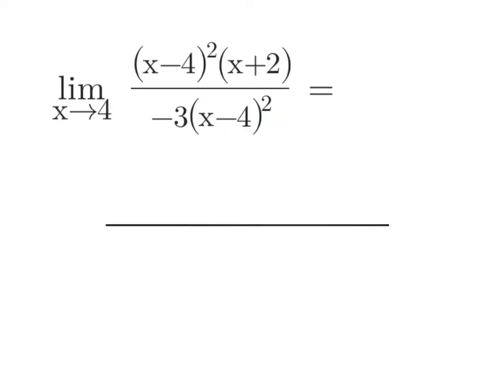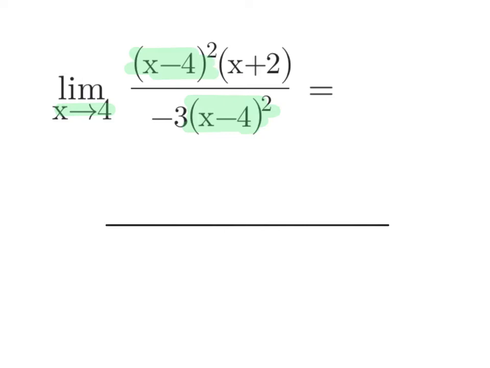One more little warning here. Let's take a look at the limit as x approaches 4 of (x minus 4) squared times (x plus 2) over negative 3 times (x minus 4) squared. And as we're looking at our limit, x is approaching 4, which comes from this factor, or this factor, actually. So are we dealing with this being a 0 or with this being an asymptote? Right?